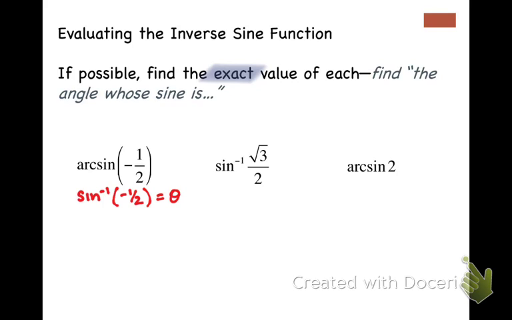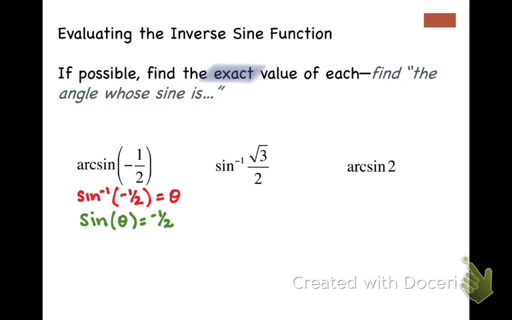If I take that angle theta and that ratio of -1/2 and I flip-flop them, and I write sine theta, not sine inverse anymore, but regular sine theta is equal to -1/2. This is a problem that we've seen before. We did problems like this last week.